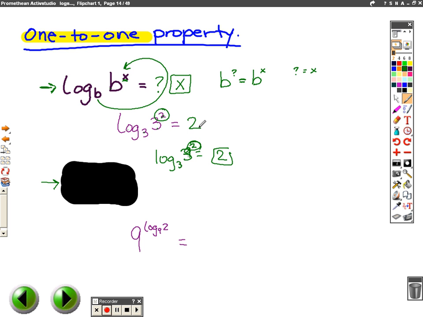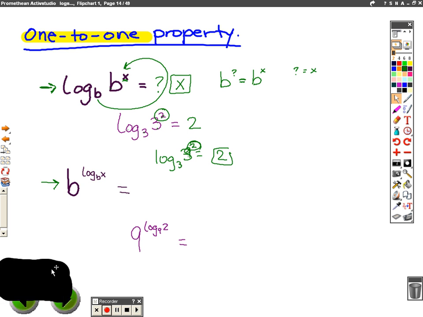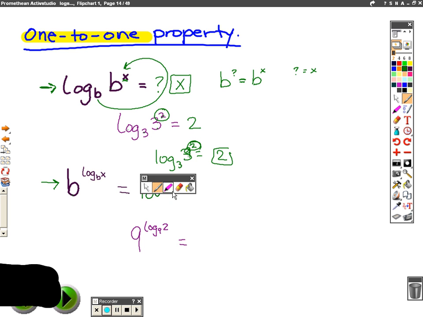All right? We can go the other way and say, okay, base b, so now this is in log form, but this is in exponential form. I know there's little logs sitting here, but this really is an exponential form. Sorry. So my b is my base. So I want to write it in log form. Let's try this again.